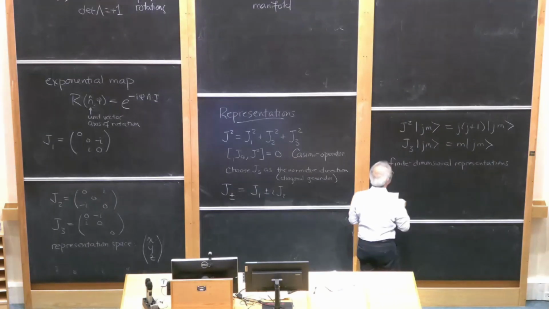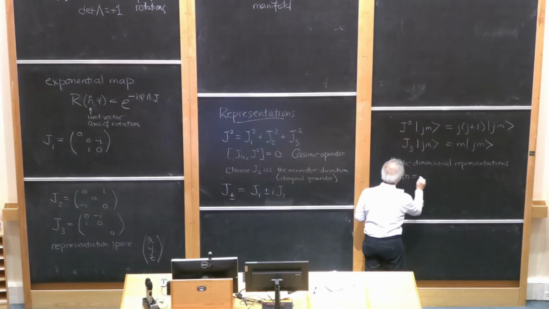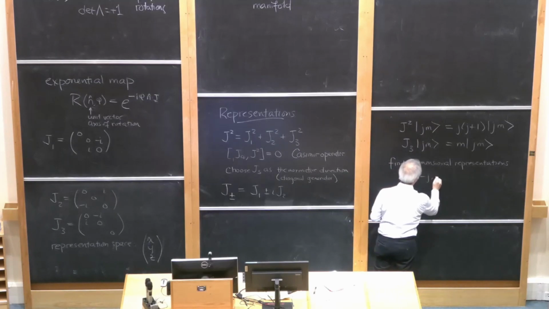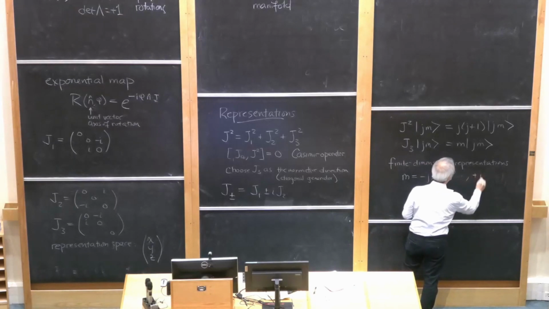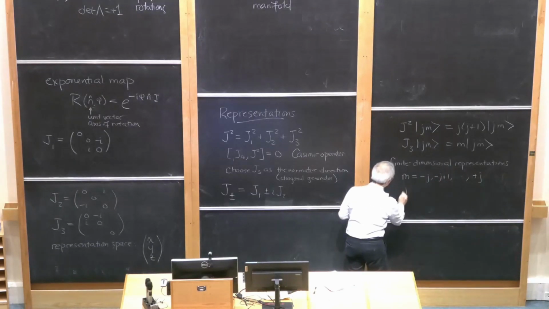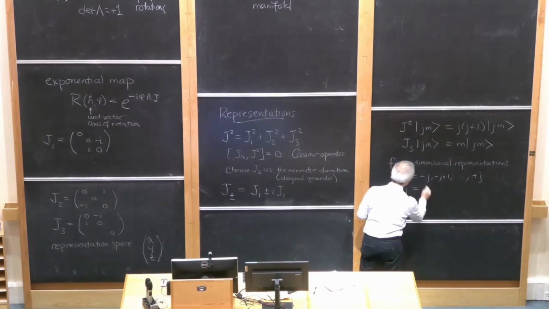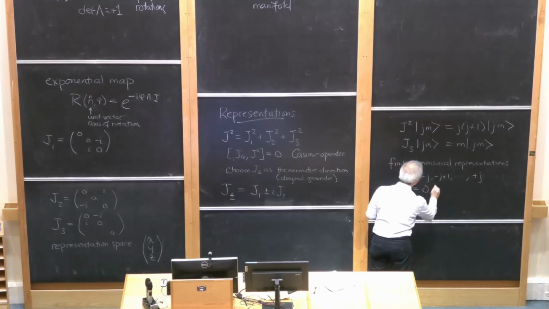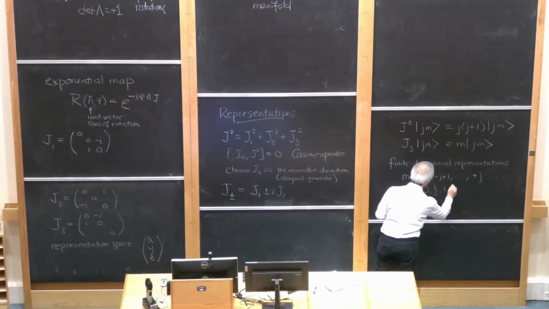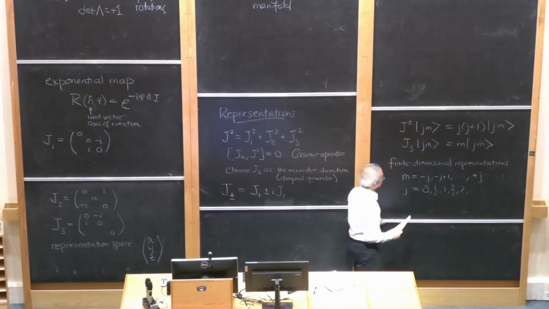From that requirement, m is going to take values from minus j plus 1, et cetera, all the way up to plus j. And j takes values from 0, also of course 1/2, 1, 3/2, 2, et cetera.